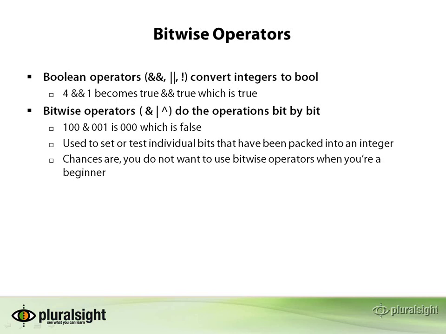It's very common to save space and time by packing individual bit values into a single number. If you have some operation which has got 7 different options that you could set, you can take 7 parameters, each of which is just true or false, or you can take a single integer and look at the lowest 7 bits of that integer and see if they're on or off to see whether you want the option on or off.